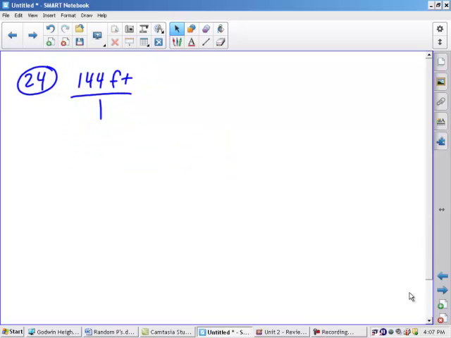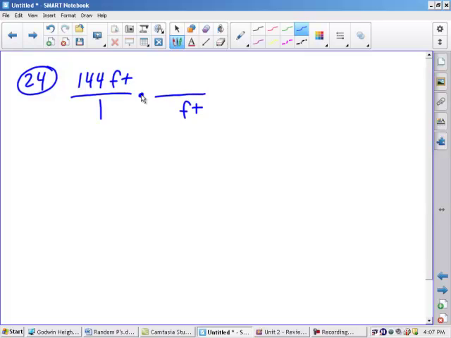Number 24, they want us to convert 144 feet into inches. So what I need to do is set up 144 feet over 1 so that I can use a fraction. I know that feet is on top, so when I use my conversion factor, feet's going to be on the bottom and inches is going to be on the top. So what I get is, I know that 12 inches are in 1 foot if you look at your conversion chart.